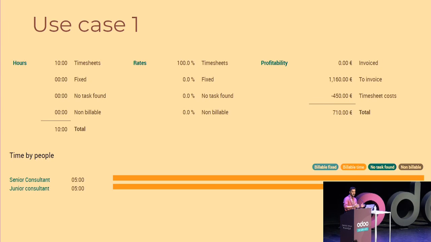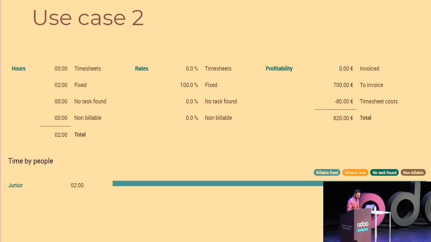So I will make a really quick summary. In the first case, we have said that I would like to create an invoice based on the timesheet on the task. So we have here 10 hours on the first line, on the timesheet line, and then below we have 2 orange lines. That means that the time that I have spent on the task is billable.